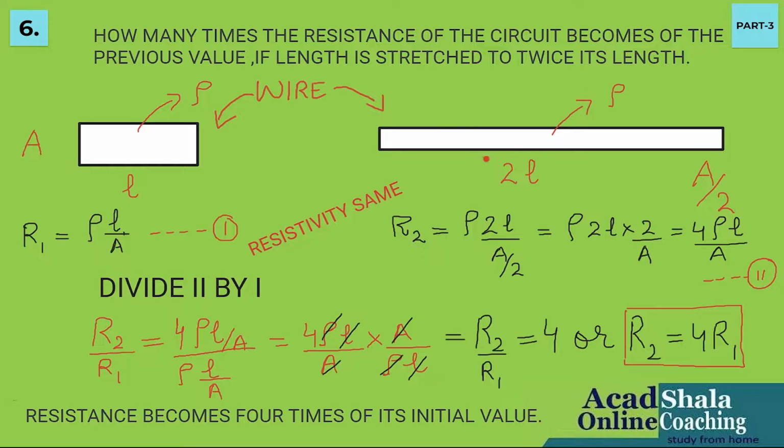So this is the way to solve the numerical step by step. Again, I'm saying, concept is clear. Put all the concepts step by step in the numerical and solve, and there will be no error, no mistake at all. So this finishes your 6th numerical.